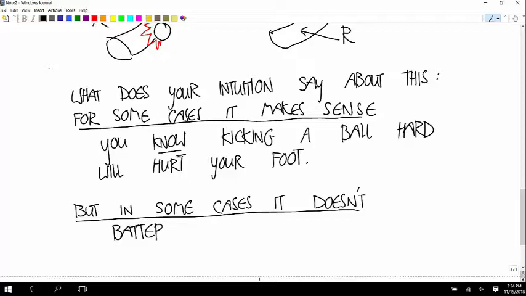So, like a batter hits a home run. So, what's going on there? The batter swings, the bat makes contact with the ball. The ball flies 400 feet before it lands.